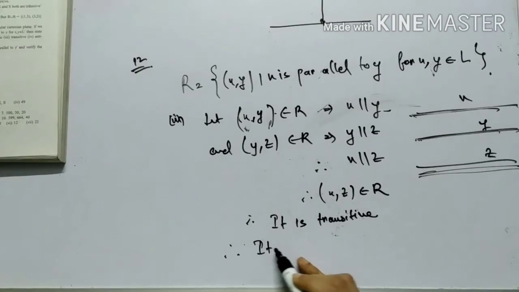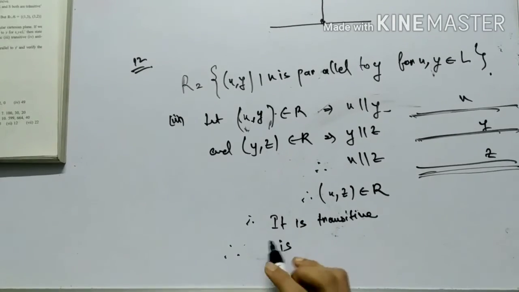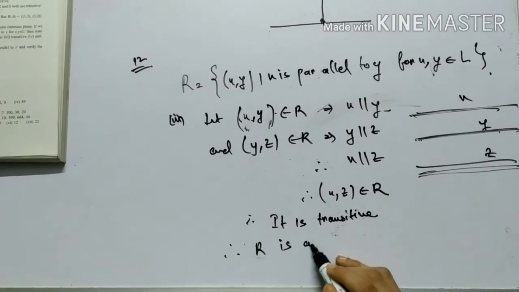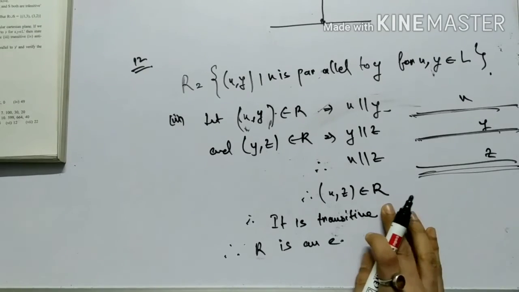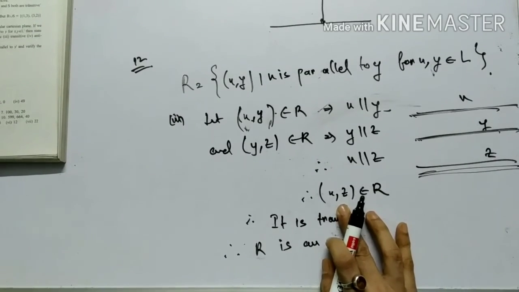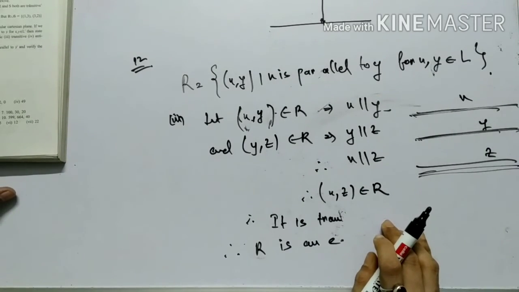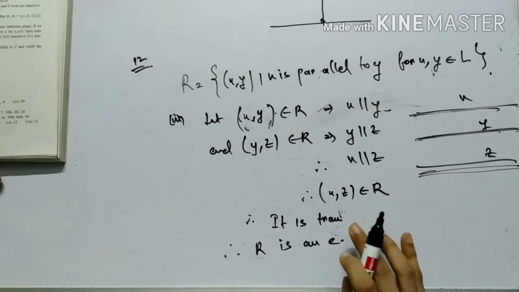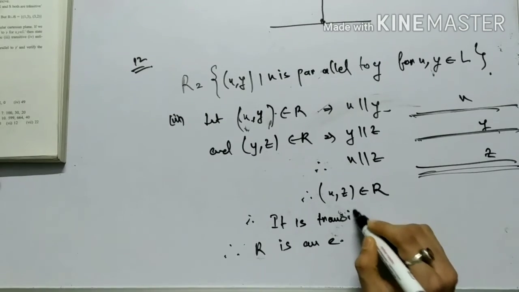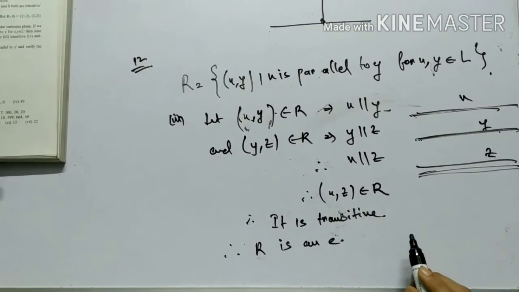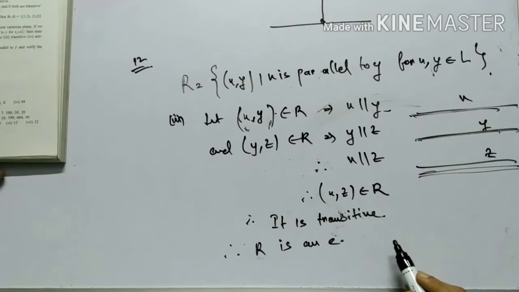Understand? Therefore R is an equivalence relation. Change the definition and verify the conditions. Yes, this is correct. It is transitive. Understand?